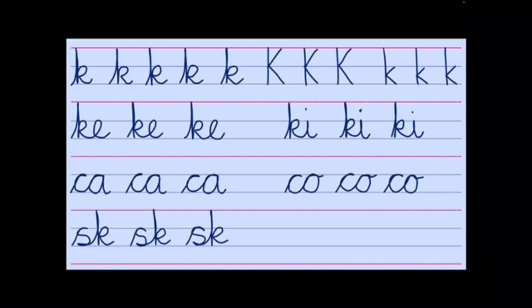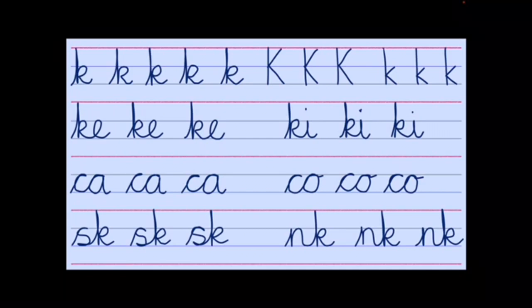We would use it if the sound after K was written with an E or an I. And the other consonant blend we'll be looking at will be nk, the end of a word. So that's given you a wee taster of what we will be doing.